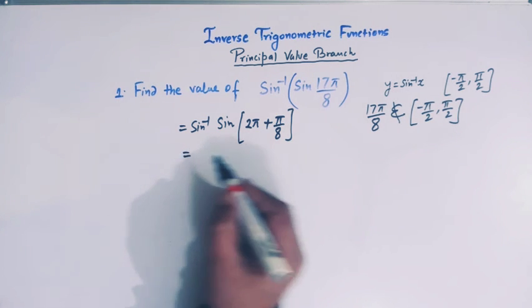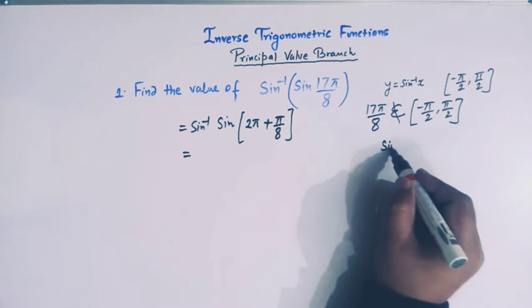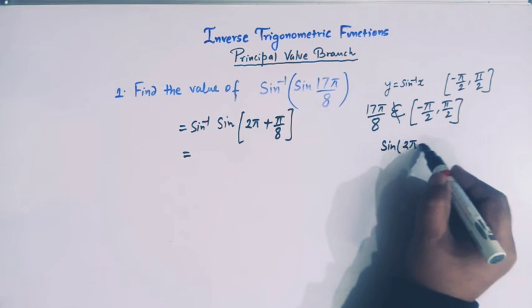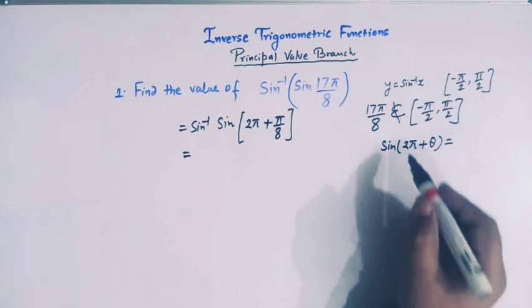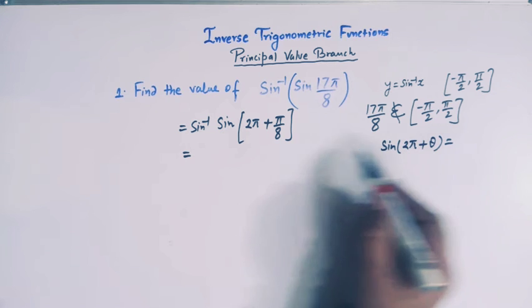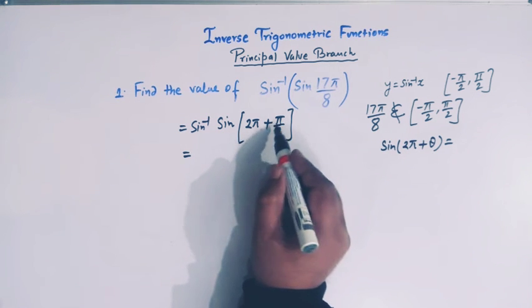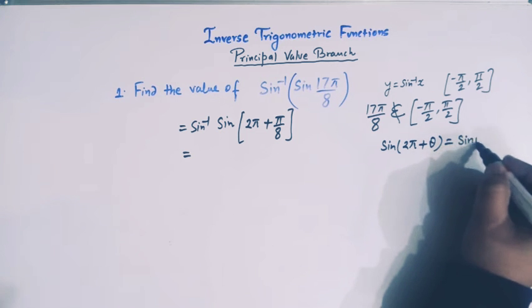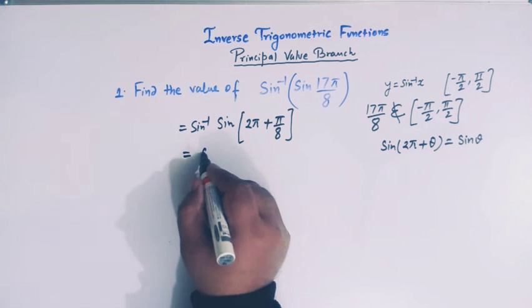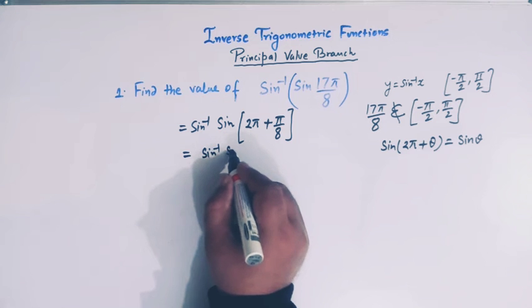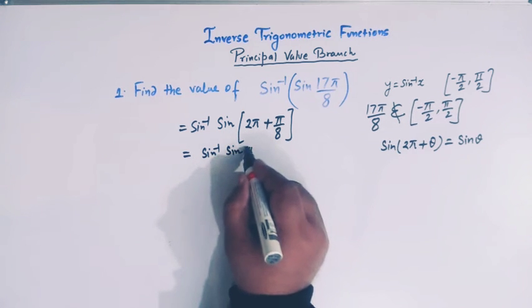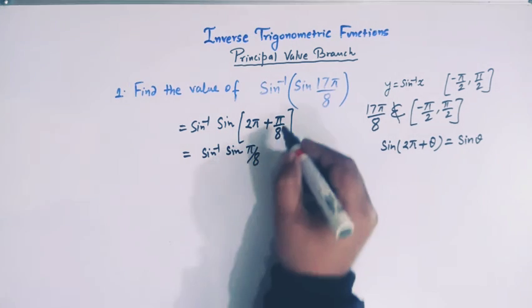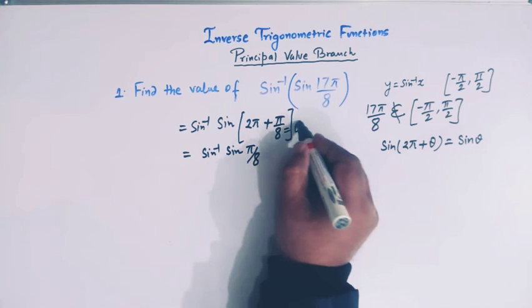Now we know that sine 2 pi plus theta, it lies in the first quadrant, this angle, so sine is positive, and we have sine theta, right? So we have sine inverse and sine pi by 8, right? So here for pi by 8, this is theta.